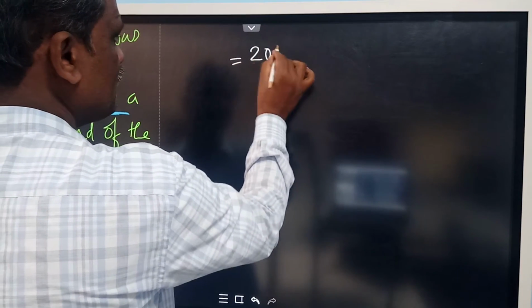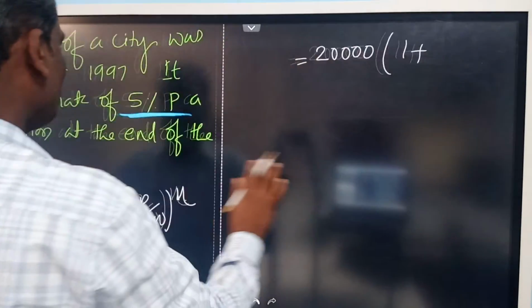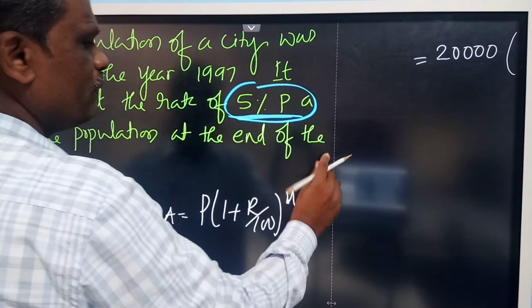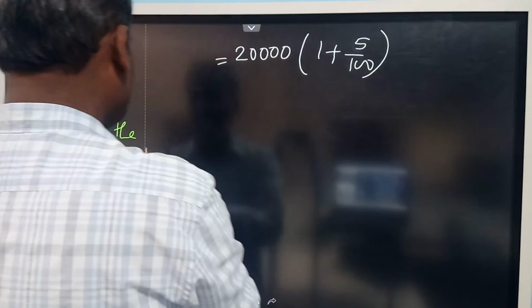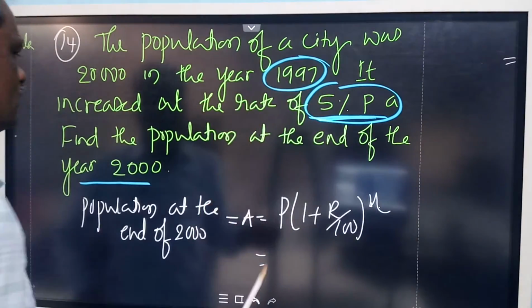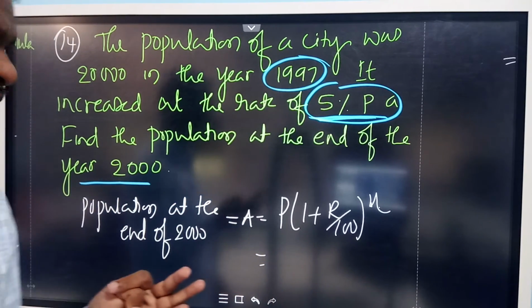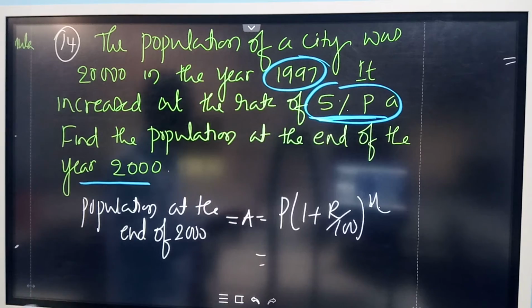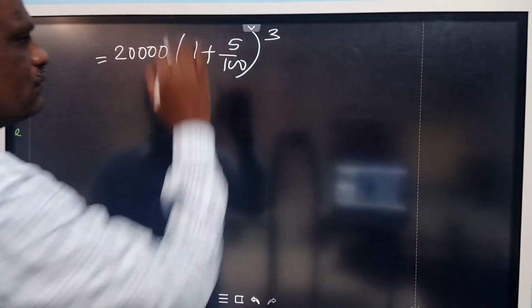It is 20,000. 20,000 into 1 plus rate of increase, that is 5% per annum, 5 by 100, whole to the power for how many years? From 97 to 98, 1 year, 98 to 99, another year, 99 to 2000, it is 3 years. It is calculated annually, so it is 3 years.